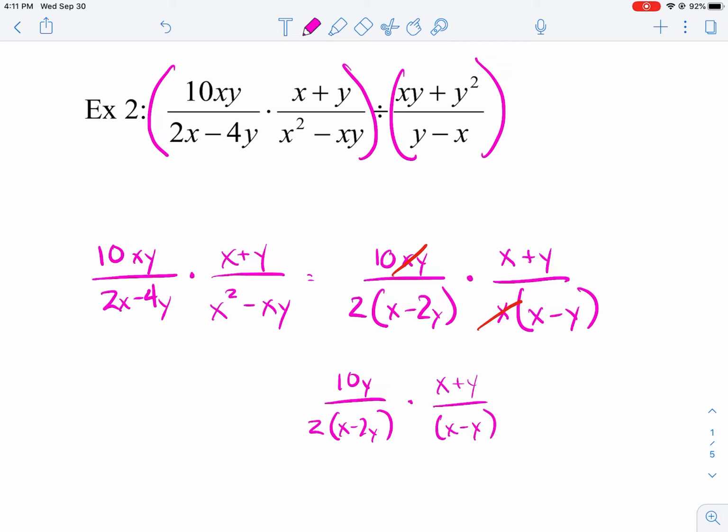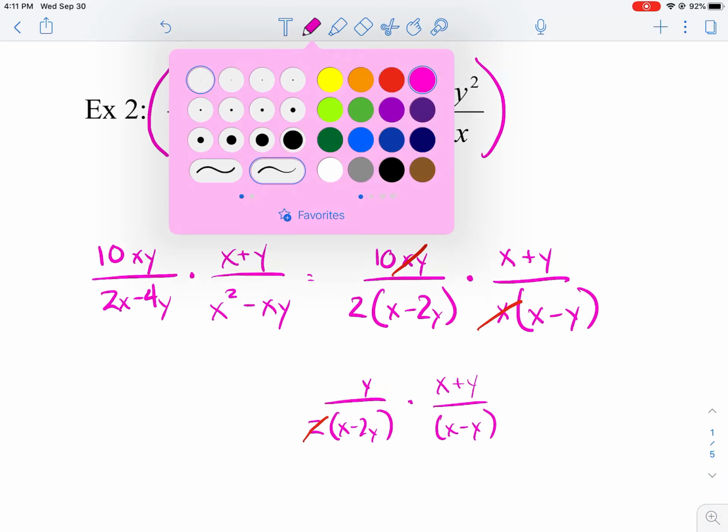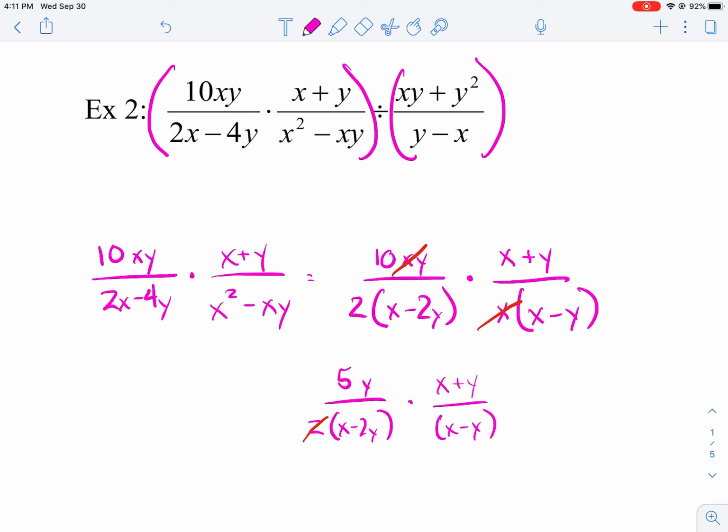Oh, I don't even know why I missed that. This 2 can go into that 10, right? There we go. So that makes it a little simpler. So that just becomes a 5y, and that 2 just goes away.